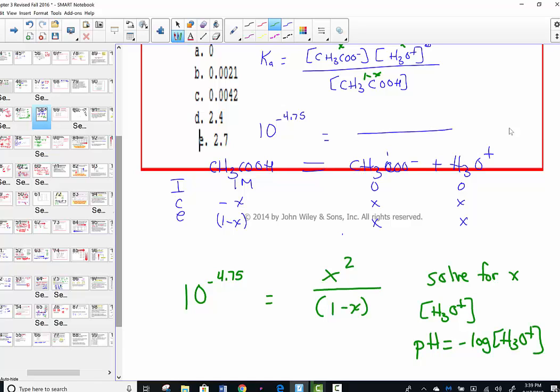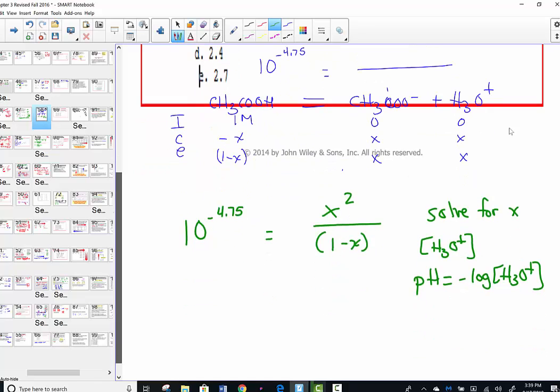That's our solution pathway. I'm going to hit 10, caret key, raised to the negative 4.75 equals, and I have a value of 1.78 times 10 to the negative 5th equals X squared over 1 minus X. Let's bring that 1 minus X up to the left side.